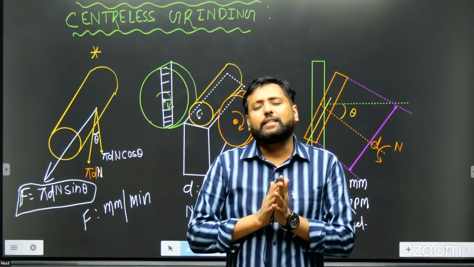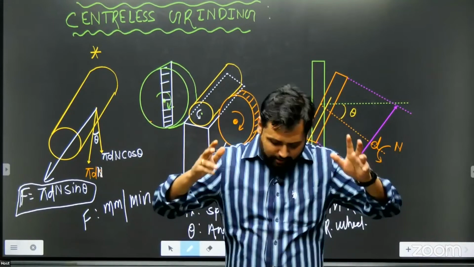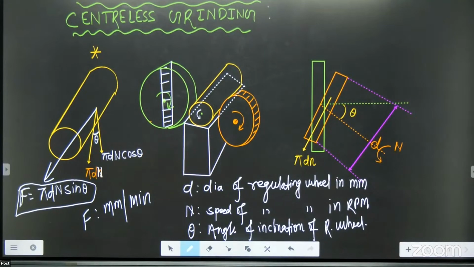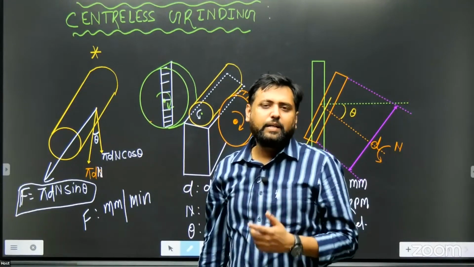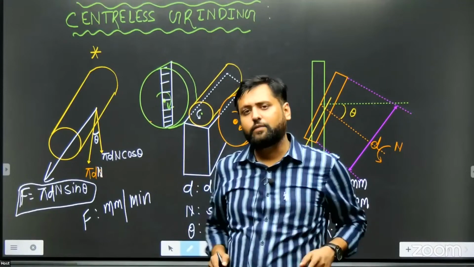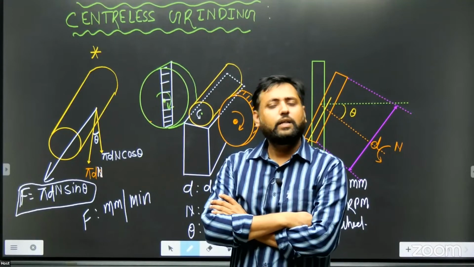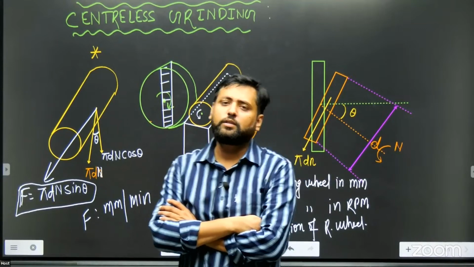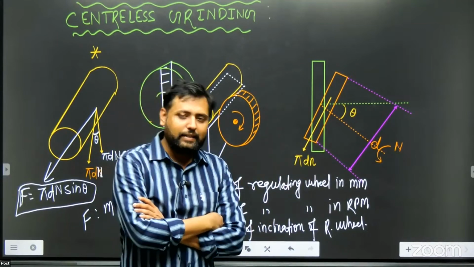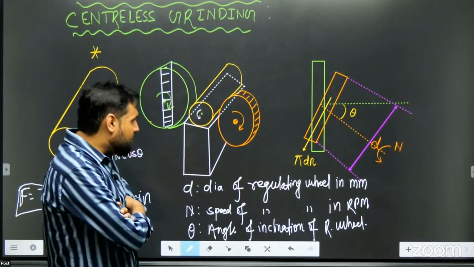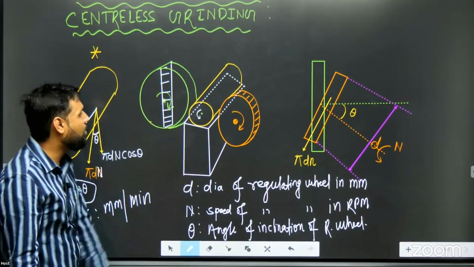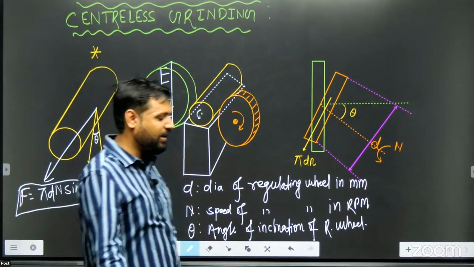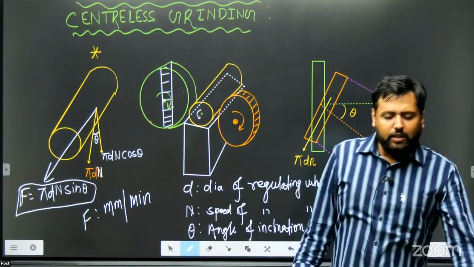So due to that reason, and moreover, that grinding wheel surface will not remain fully circular every time. There can be some high spots on it, or there can be some valley type of space over it. Because of these things, and since there is no external holding of the workpiece, it is freely rotating and being fed freely.